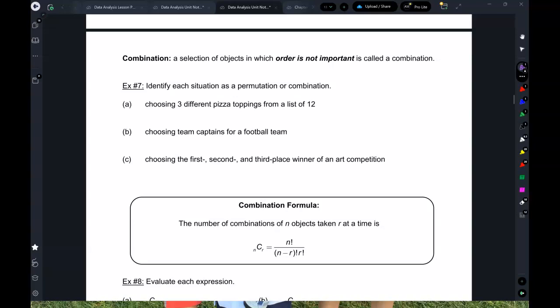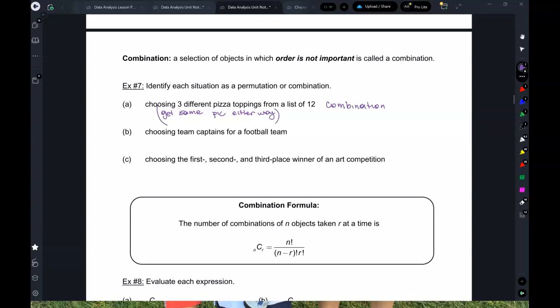No. So that is a combination. You get the same pick either way.